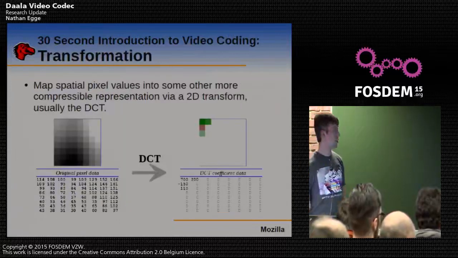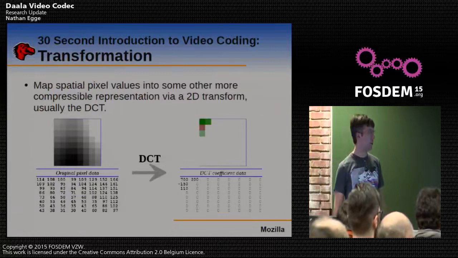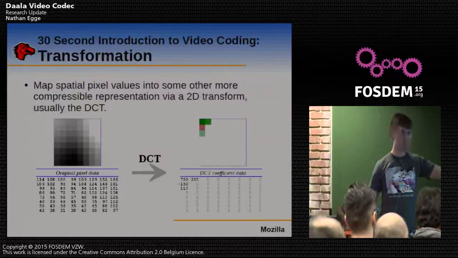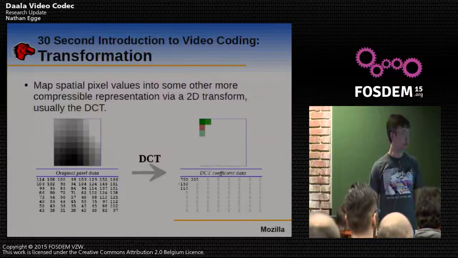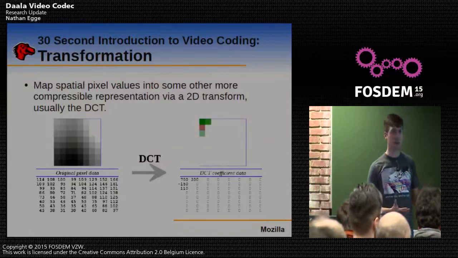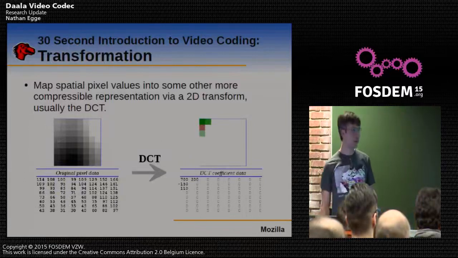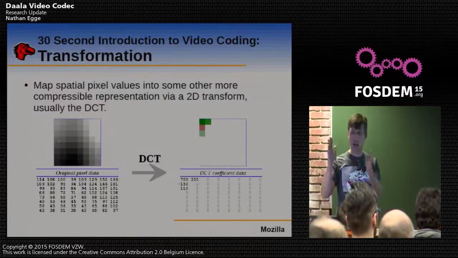We do transformation. So most codecs use a 2D DCT, which takes some spatial domain image information, image pixels, applies the transform into a more sparse domain, keeps just the highest coefficients, and uses those as what it codes. This gives us also great compression, and is responsible for some of the blocky edges you see in codecs like JPEG.